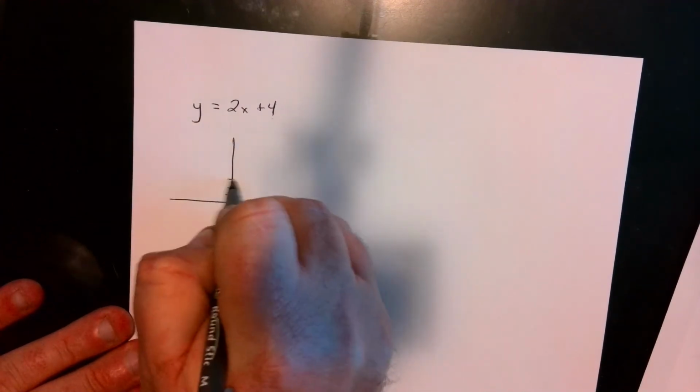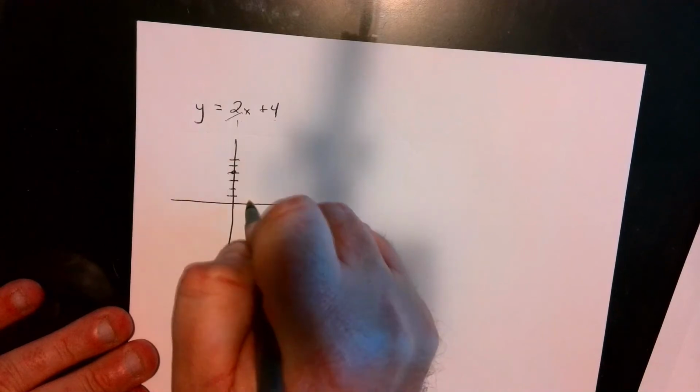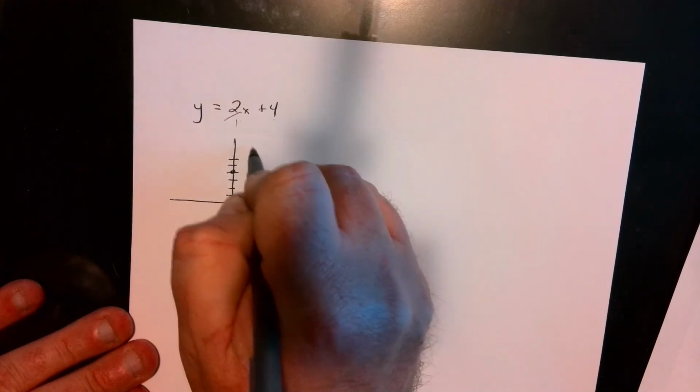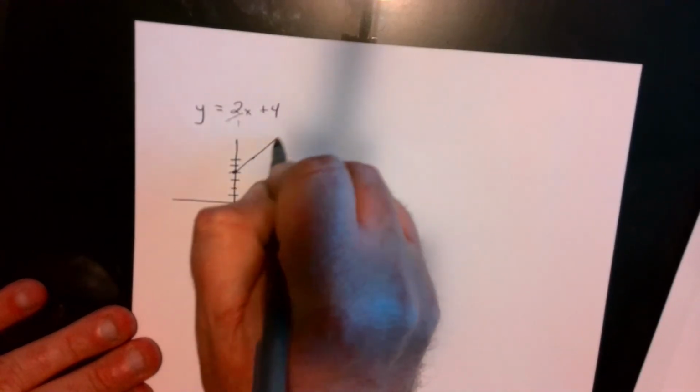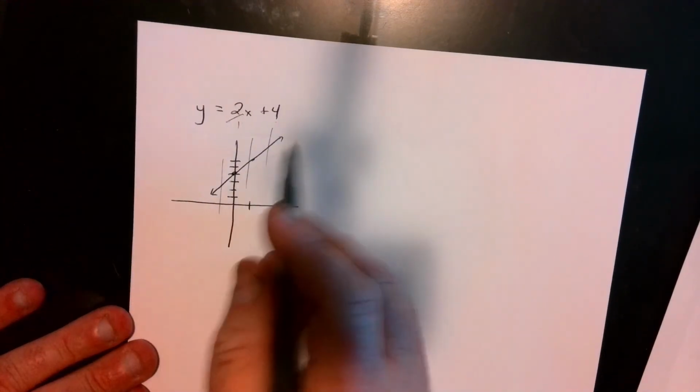So if we went up to positive 4, and then my slope tells me to go up 2 and right 1. And if I kept that going, up to another right 1 and another right 1, I would get this. Well, yes, it passes the vertical line test, and it is straight, so yes, it's a linear function.